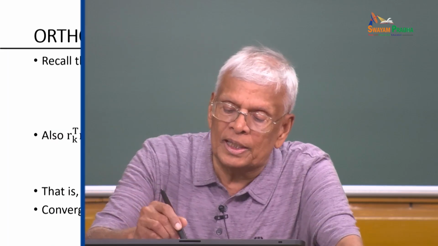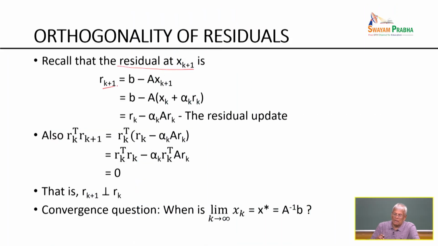Recall that the residual at xk plus 1 is given by rk plus 1, which is equal to b minus A xk plus 1. According to the algorithm, xk plus 1 is equal to xk plus alpha k rk. I substitute this and simplify. Please remember, b minus A xk is rk. So this becomes rk minus alpha k A rk.